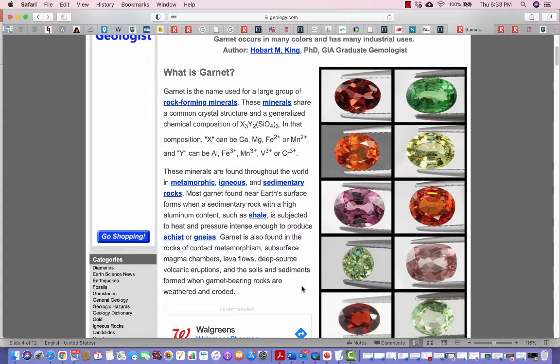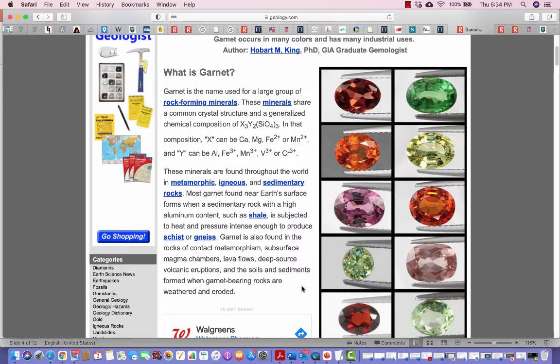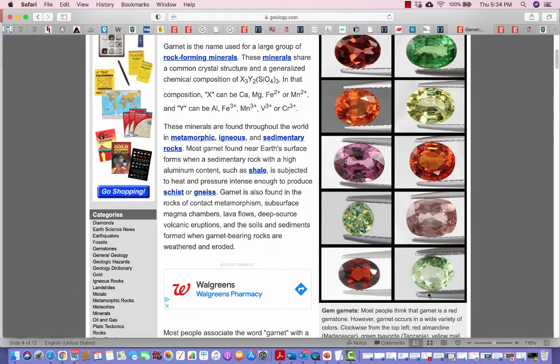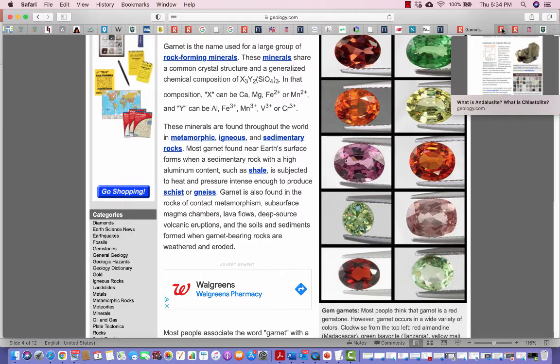As you can see on the side, they form from metamorphic, igneous, and sedimentary rocks. And note all those different colors, especially from mint green all the way through pale pink and into purple, orange, and then into the red that we know so well.